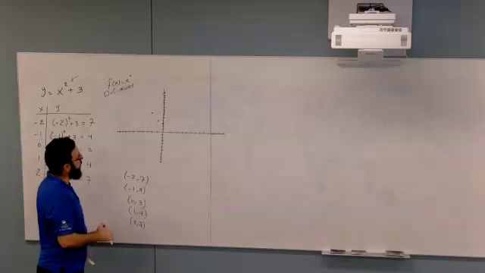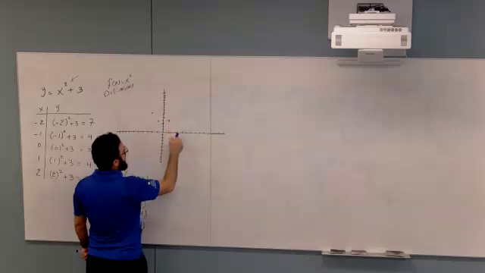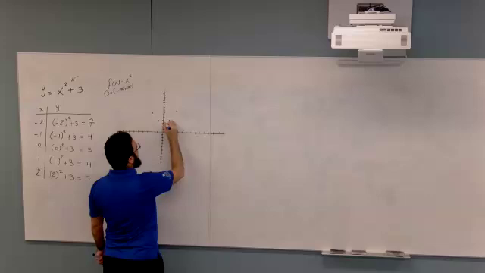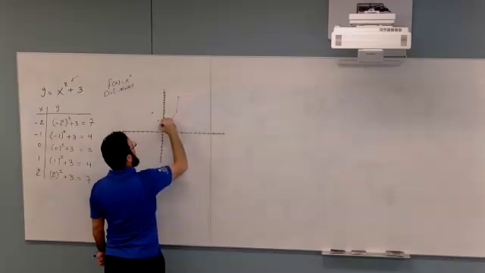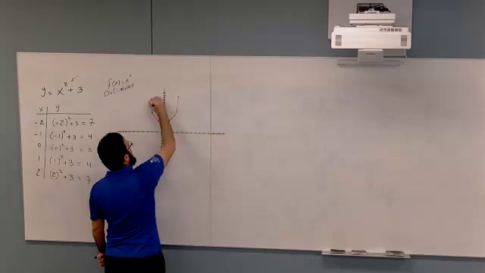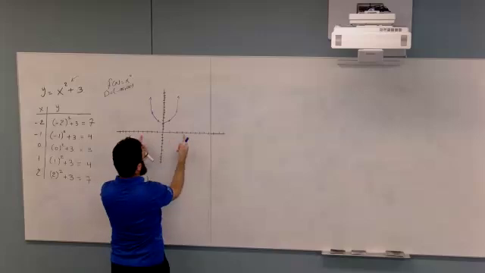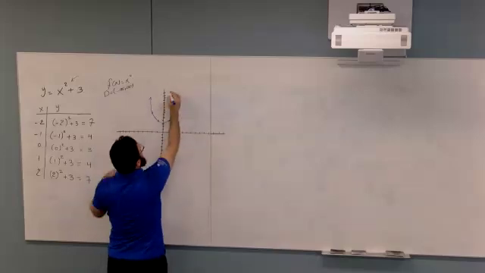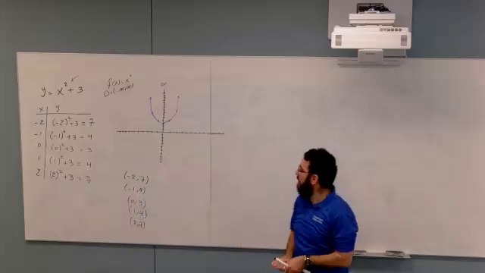Next one, 1, 4. Here is 1, and here is 4. And then 2, 7 is going to be here. So our graph is going to be a parabola going up on both sides. And it keeps going up, because if you choose these numbers, it's going to go up from both sides. Okay, so far.